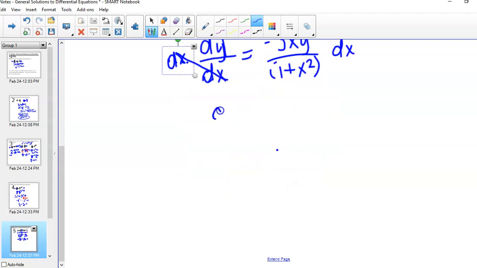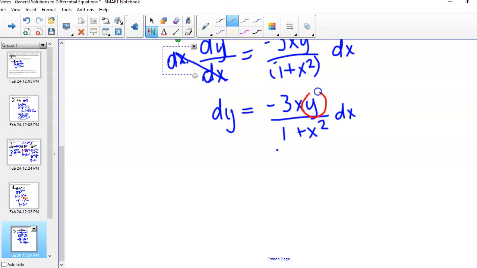This is going to give us dy equals negative 3xy over 1 plus x squared dx. And so on that right-hand side, all you have is this single y right here that needs to be moved over to the left-hand side. Negative 3x and y are all multiplied together.